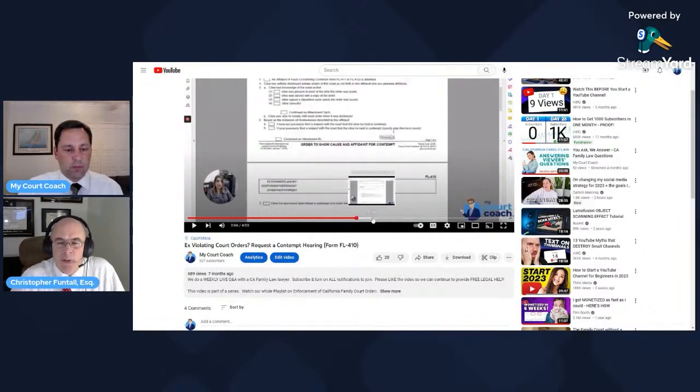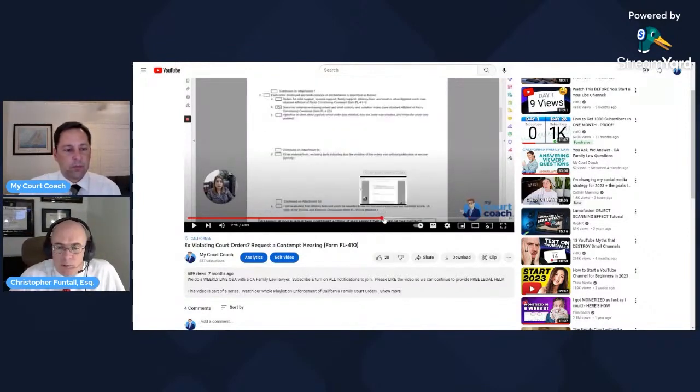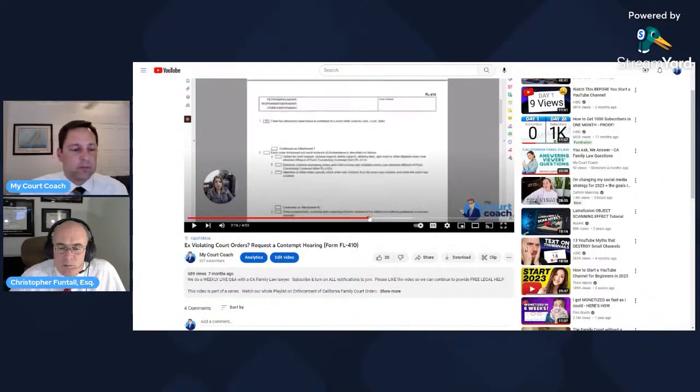The way I've done this and the way I've seen it done in a number of family law cases down in San Diego is we do the affidavit for contempt, and then we attach papers to the back of that. If there were multiple causes of contempt, I would follow what prosecutors do in criminal court and say count 1, count 2, count 3, count 4.